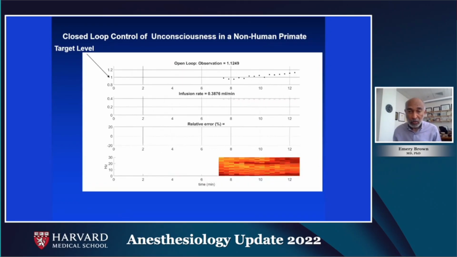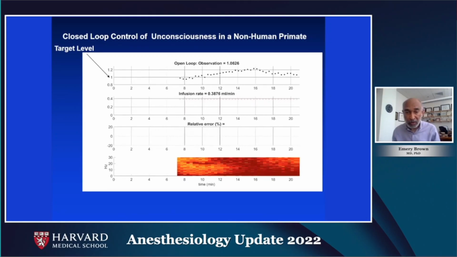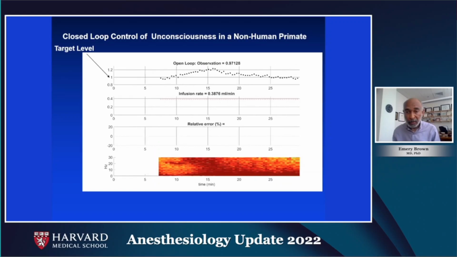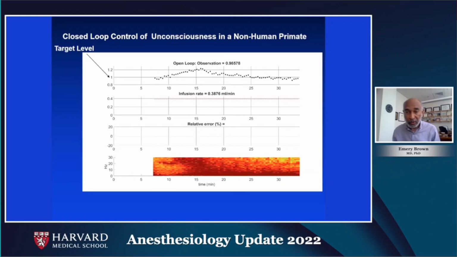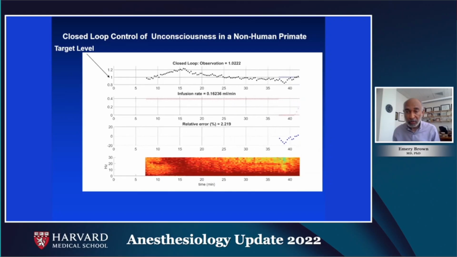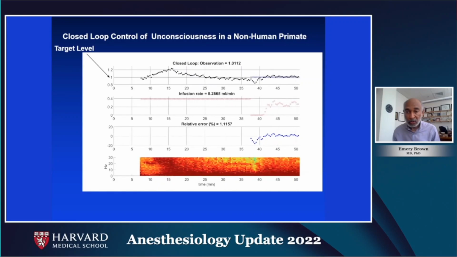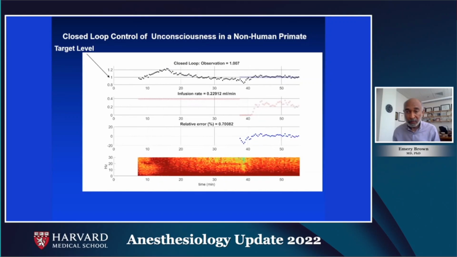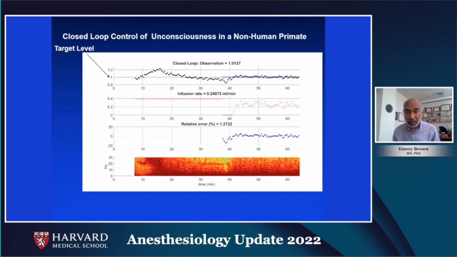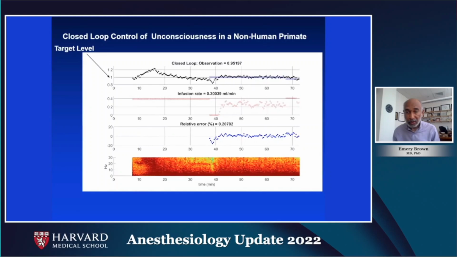So no control yet. You can see the infusion rate is constant, about 0.4 cc's per minute. And the marker is sort of wandering all over the place. Now in just a second right here, the controller takes over, comes on, and locks the marker into 1. And it's holding it there really nicely. Now watch what happens as we decide to take the marker a little bit deeper.